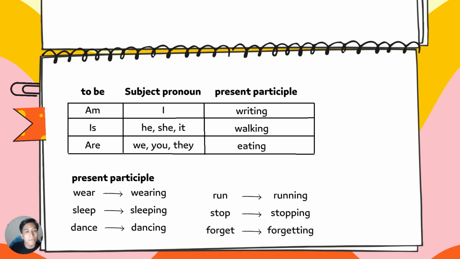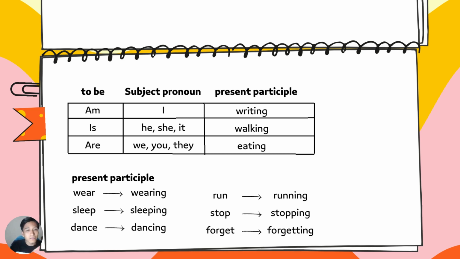Let's see. Here I wrote some verbs. So, from wear to wearing, from sleep to sleeping, from dance to dancing. As I said, dance is a verb that ends in an e, so we must delete it and add the ing.